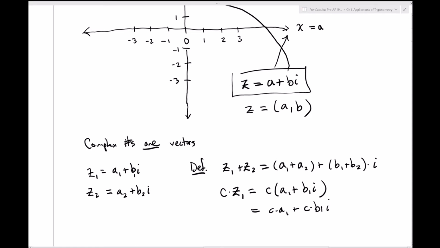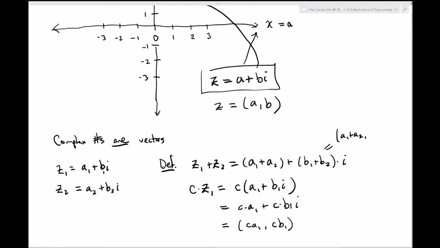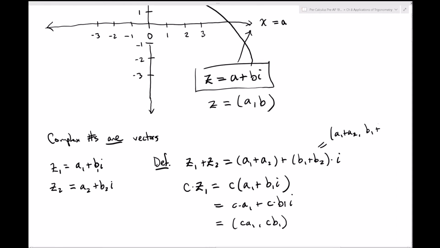So that's how we define it. If you wanted to write it as an ordered pair, then this would be (ca1, cb1). So that's how we define scalar multiplication and vector addition. If I wanted to write the sum as an ordered pair, it's (a1 plus a2, b1 plus b2).